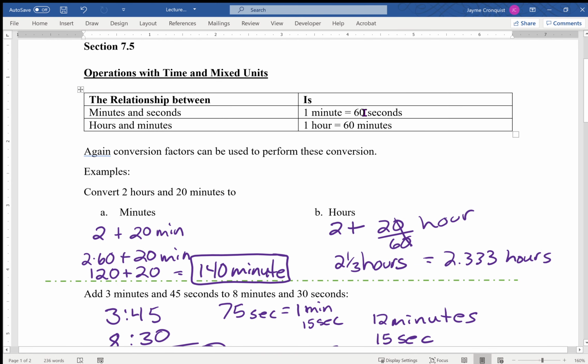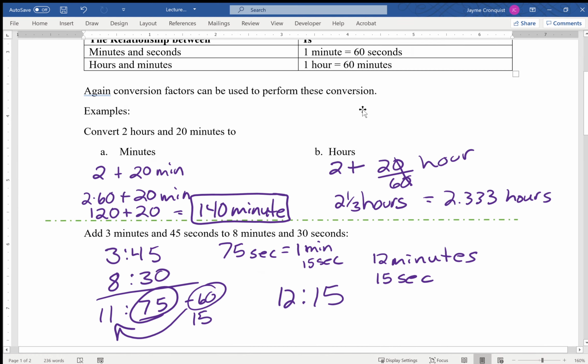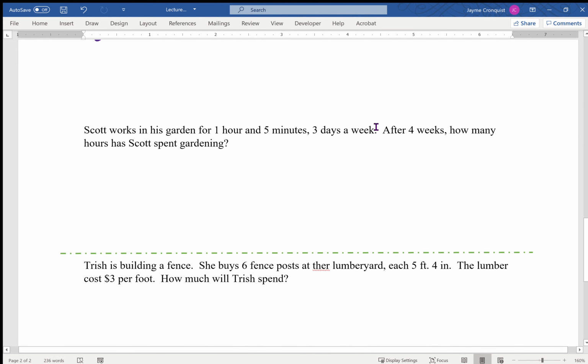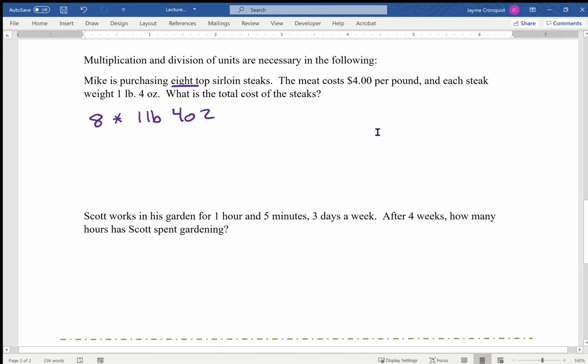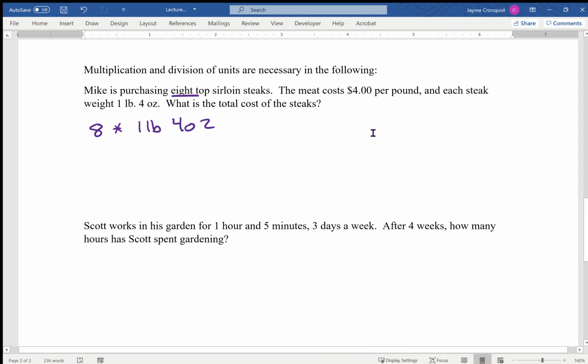Didn't we do that up here? Pounds. No, that was yesterday. I apologize. Let me get out my conversion sheet. Okay. I need weight. Ounces to pounds. Not that. Here we are.